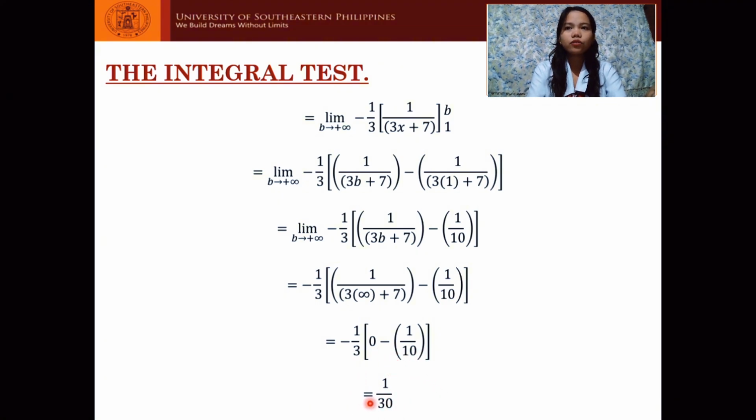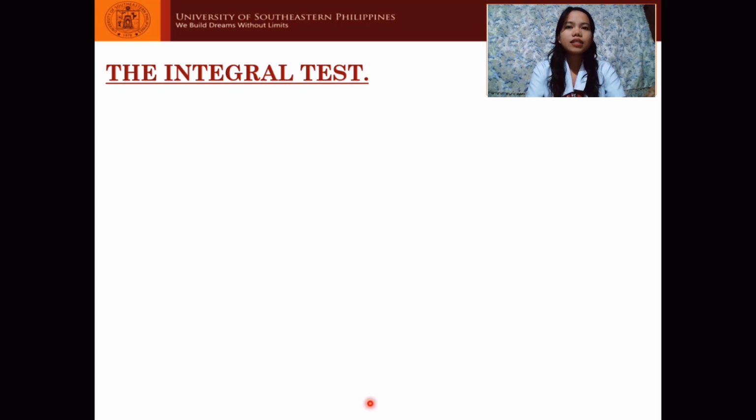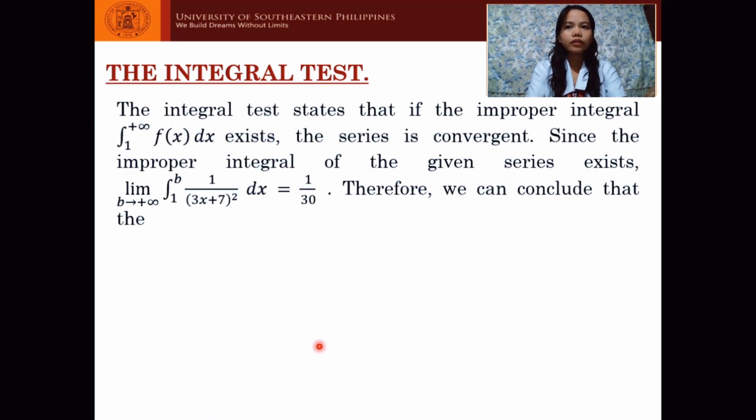So for this problem, we need to conclude that the integral test states that if the improper integral of f of x dx from 1 to positive infinity exists, as you can see here, the integral exists, which is 1/30, then the series is convergent.